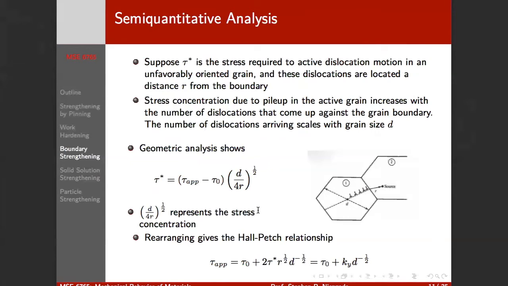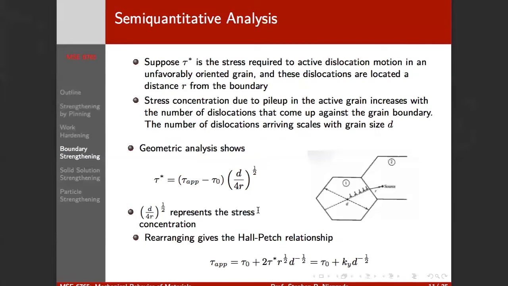But if this is a plastically soft grain, we're going to activate slip, right? We activate this slip system, and we have some Frank-Read source here, and we get a pileup, right? This pileup comes with a stress concentration. This is a plastically hard grain over here, right? So it needs a much higher stress to reach the critical resolved shear stress to activate a defect source here, right? But basically what happens is this pileup has a stress concentration.